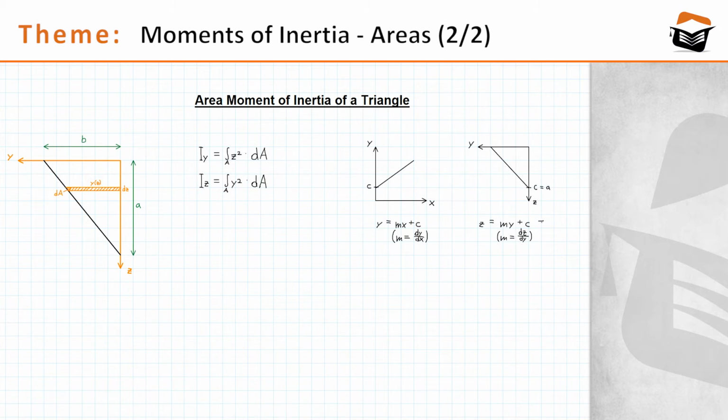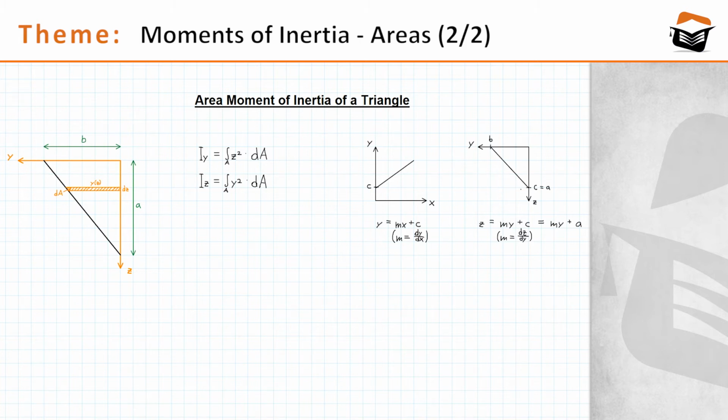So the equation therefore changes into z equals my plus a. The slope m is the change of dz over dy, the change in the dependent value over the independent value. To determine the slope, you should know that the intercept with the y-axis, where z is equal to 0, is b, as you can see if you compare the pictures.